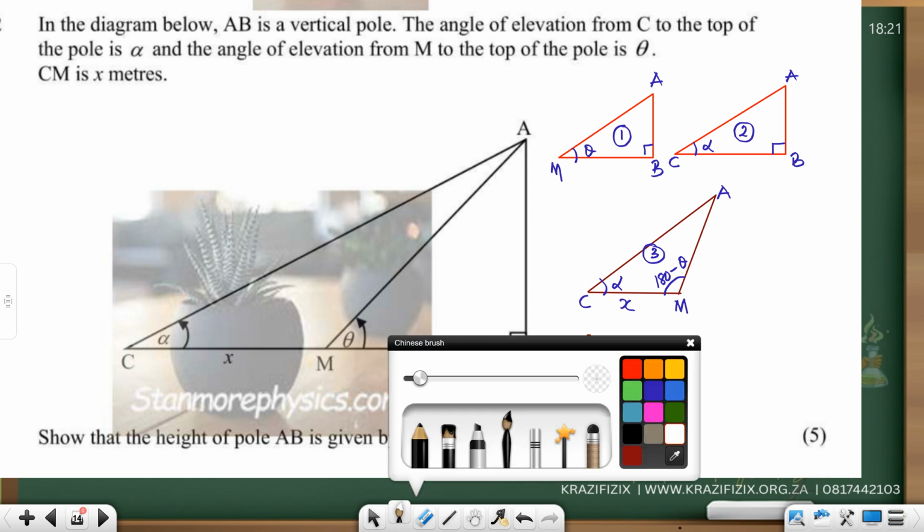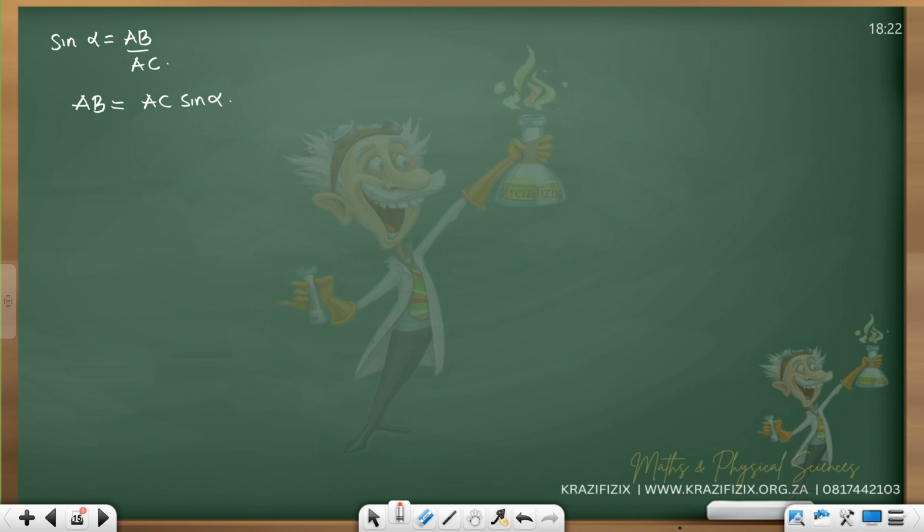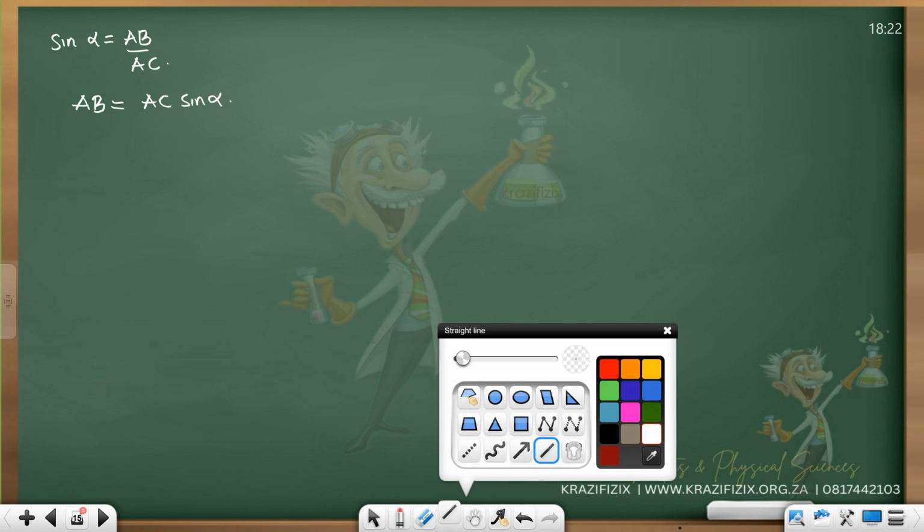What do I know about triangle 3? Let's observe quickly. In triangle 3, okay, I'm looking for this. I have that. So what do you see? Side, angle, and side. So I have 2 sides and an included what? Angle. I'm going to draw that out here so that I can take you through again.